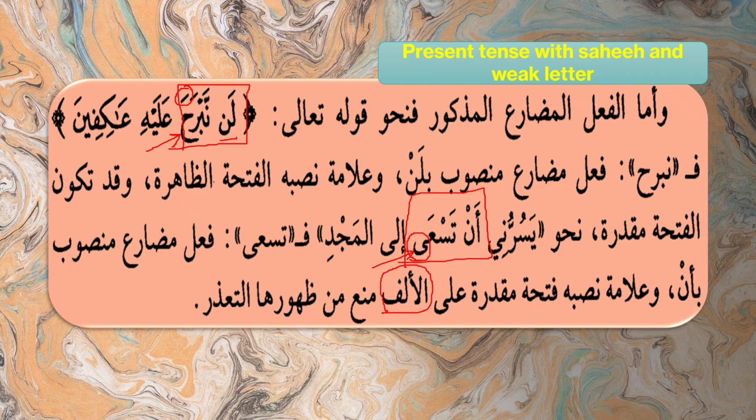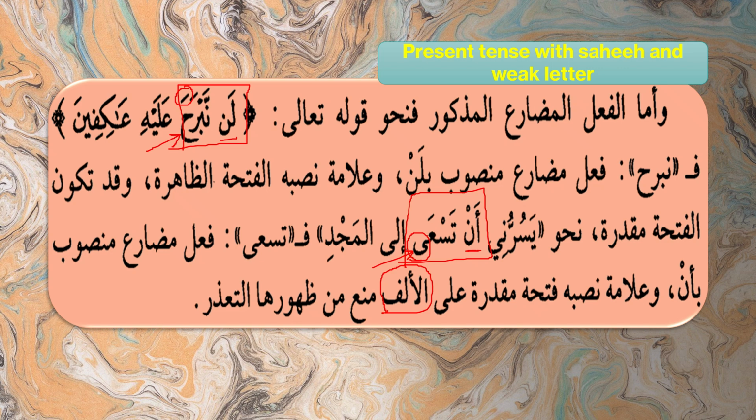Alif is the name of this letter, which is very similar to the ya with dots, but this is actually without dots, and in English it is called broken alif, or in Arabic it is called alif maksura.